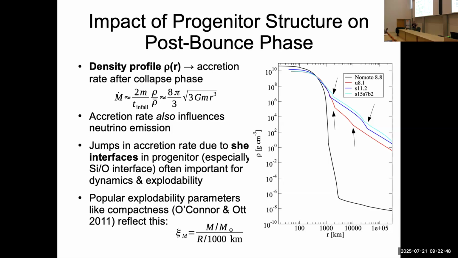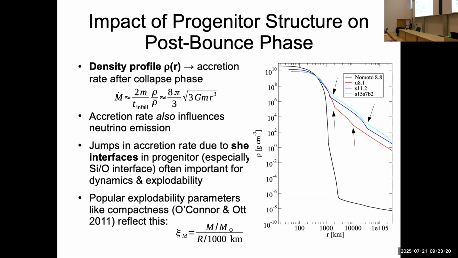And because the density profile is directly related to the accretion rate after collapse, that translates into the time-varying accretion rate. So the density structure of the progenitors, and in particular the properties of the oxygen-silicon shell interface, has been recognized as very important for dictating whether or not an explosion occurs. It's often the natural point where an explosion kicks in, because at that point the ram pressure is going down.